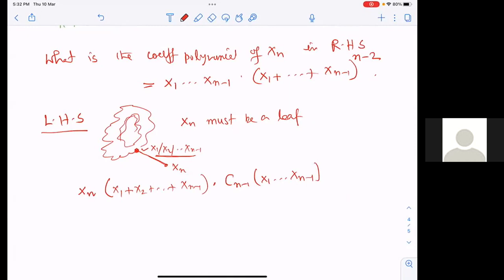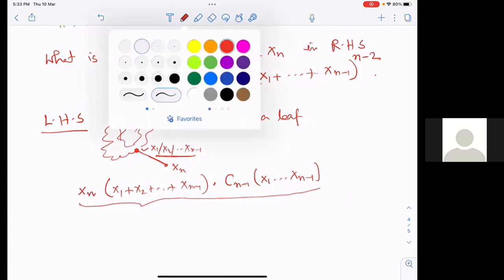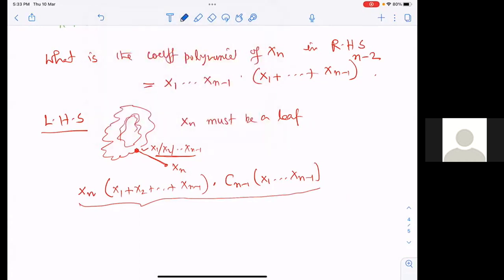Is the observation clear? If I collect the terms that contain xn of degree 1 from the LHS, this is what we get. Can everybody understand it, or is there any doubt? Let's think about it. How can xn come with a degree 1? It must come from a term where it's a leaf. And when it is a leaf, it can be attached to one of these variables, x1 to xn minus 1.